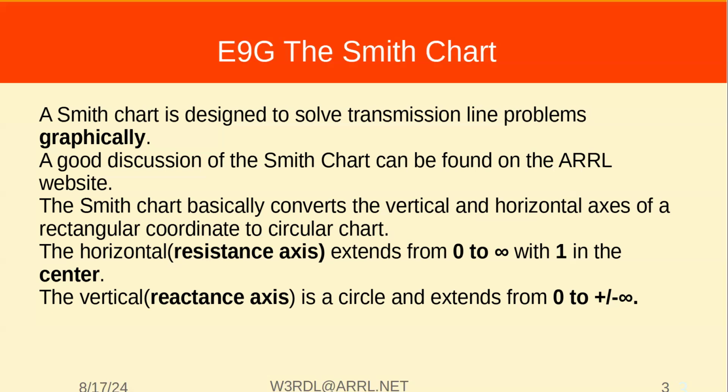And then they decided you can take the outside of that circle. So you're going from 0 on one end, which is a short, right? Low impedance. If you go around to infinity, that's a quarter wavelength.